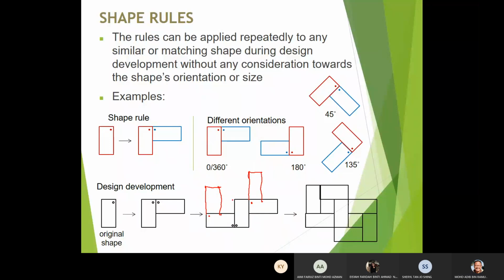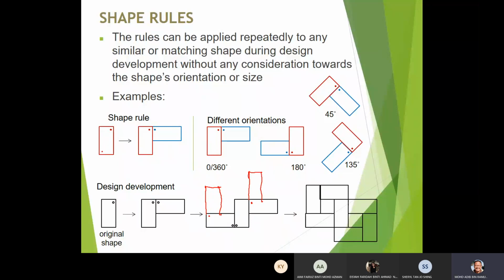Okay. Then, what else? Okay. So far, I only show you this one. For this shape, there are only two possible positions where you can put the label.